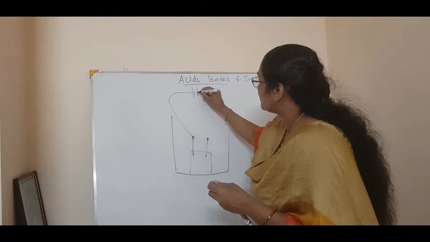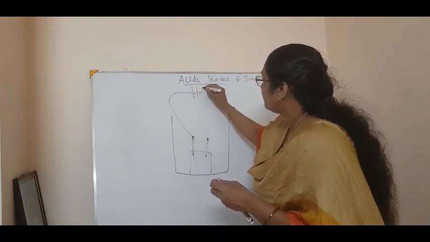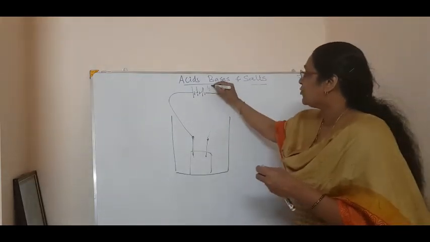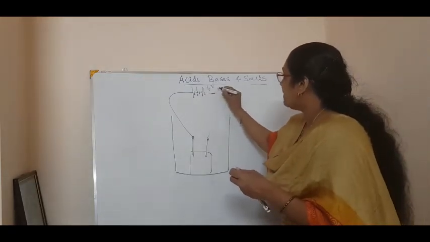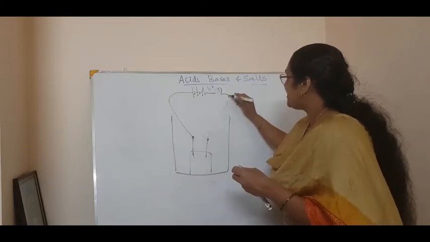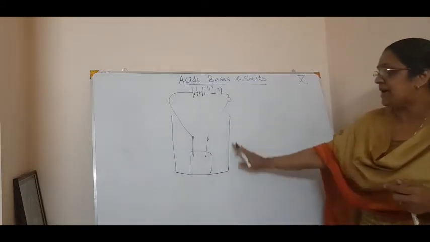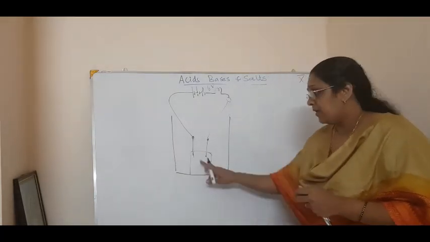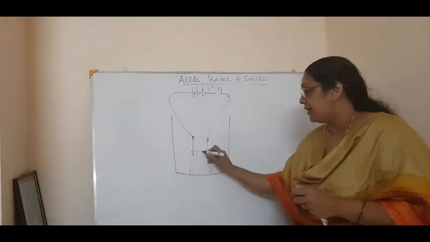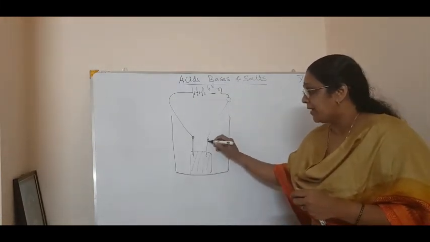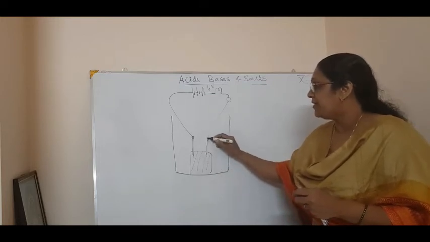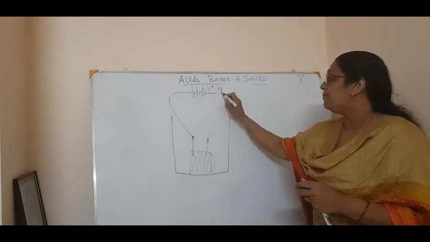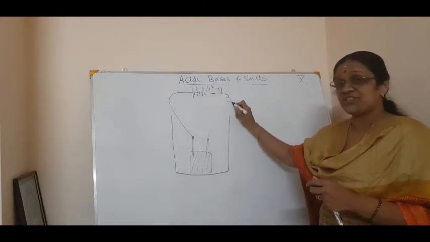You connect it with a 6-volt battery, and along with it attach a bulb and a switch. So this is the experimental apparatus: a beaker, a rubber cork into it, two iron nails fixed into it, and from these nails a circuit having a 6-volt battery, a bulb and a switch.